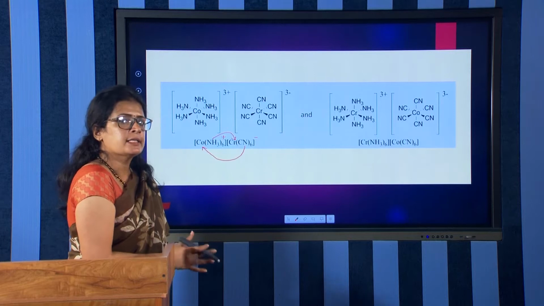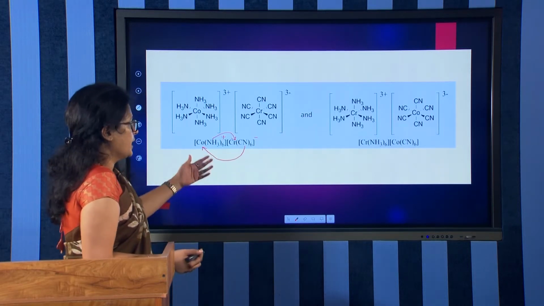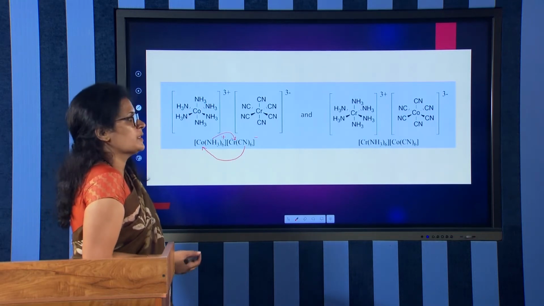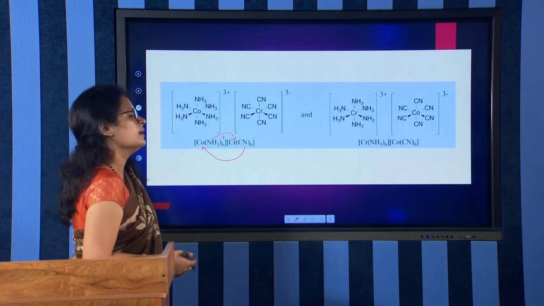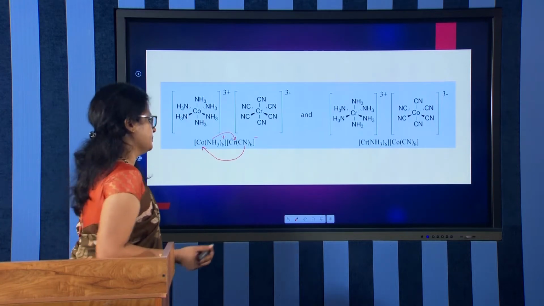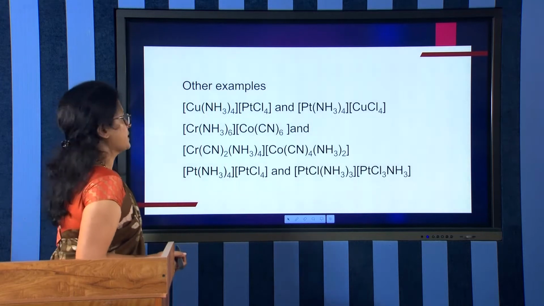Exchange of ligands happens between the two metal atoms. In the first case cobalt has the ligand ammonia, in the second case cobalt has the ligand cyanide. In the first case chromium has the ligand cyanide, and in the second case chromium has the ligand ammonia. They are called coordination isomers.